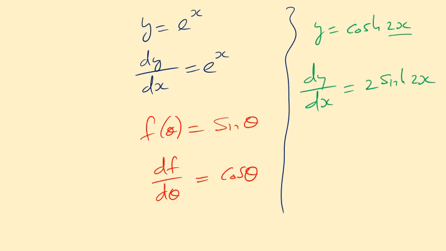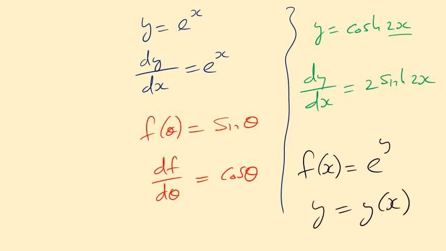If I gave you a function, something like f of x is equal to e to the y, where y is some function of x, what is the derivative df dx? That is interesting. That's what we need to look at right now.